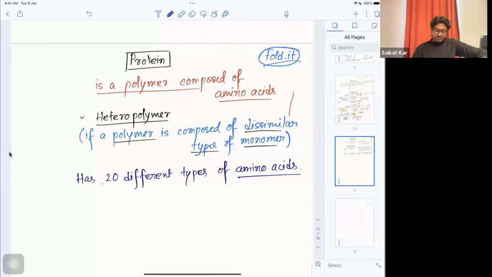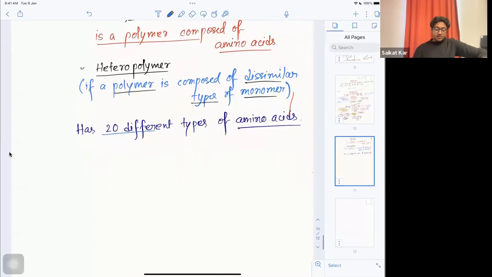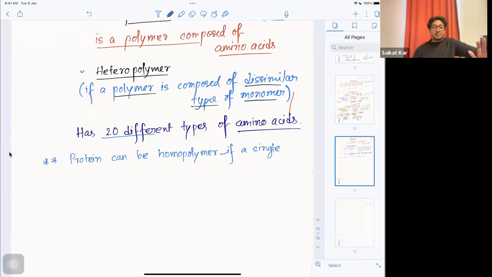Now when a structure has 20 different types of amino acid, it should be a hetero. But this is a very tricky statement, that protein can be a homopolymer too. You can also make a protein a homopolymer. How? If a single type of amino acid is repeated 1,000 times, several times, to make that protein.